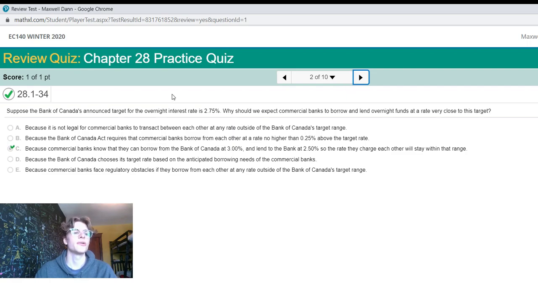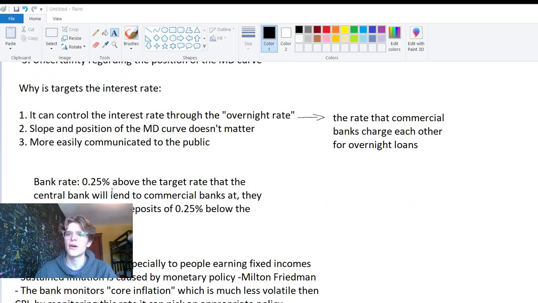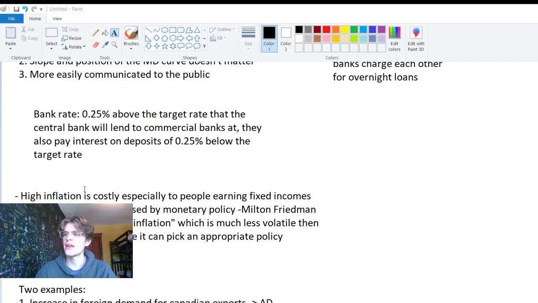So suppose the bank's announced target for the overnight interest rate is 2.7%. What can we expect commercial banks to borrow and lend overnight funds at? Why? So what does that mean? We'll go into the notes a bit here. The Bank of Canada will set a rate that they call the bank rate, and 0.25% above that rate is what they're going to lend to commercial banks at.